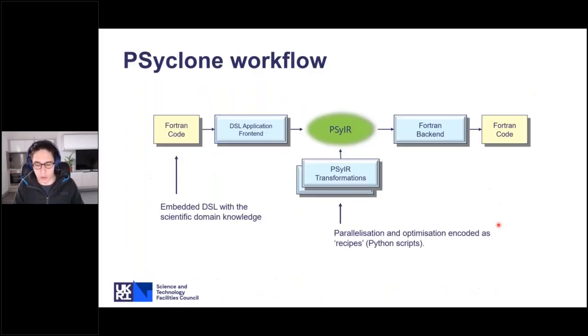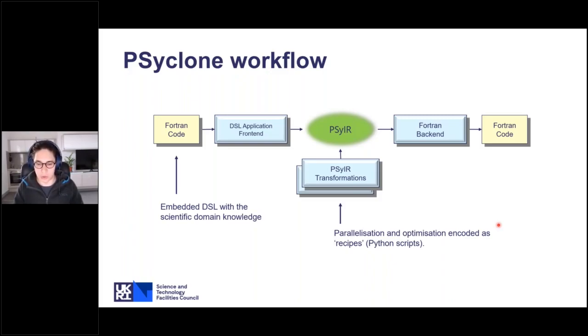That is the whole vision, but if you think about how a single workflow in Psyclone works, as Andy mentioned, we care a lot about the separation of concerns between the domain-specific knowledge, and what the scientific people working in the domain do, and the parallelization and optimization steps.